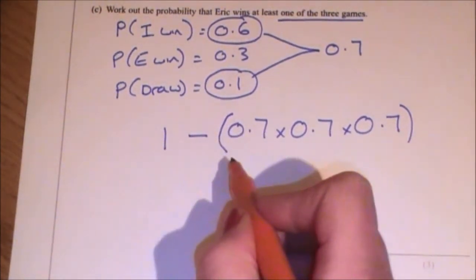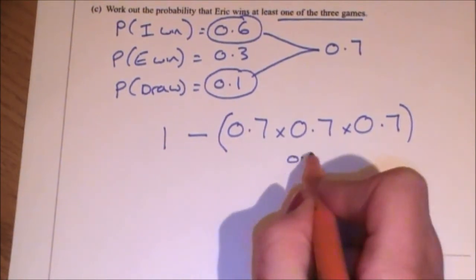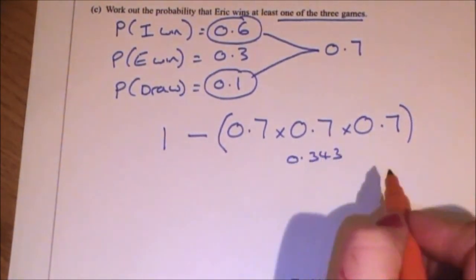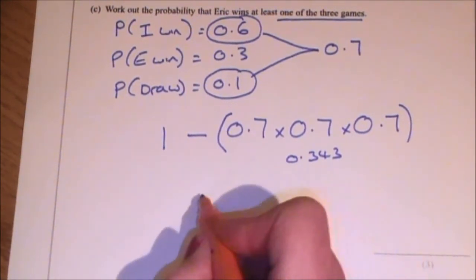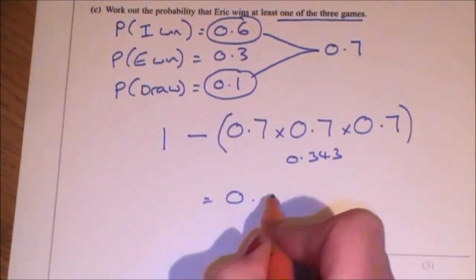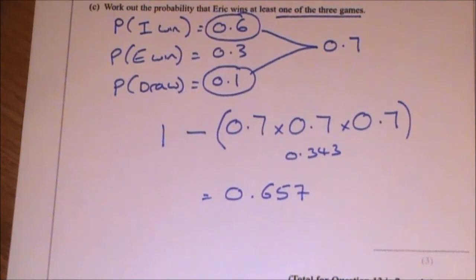So we're going to end up with 1 take away 0.7 times 0.7 times 0.7, which is 0.343. So 1 take away that equals 0.657.